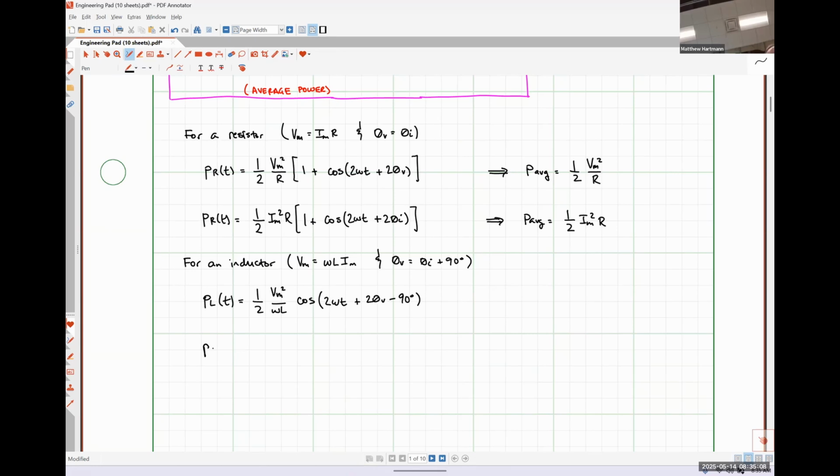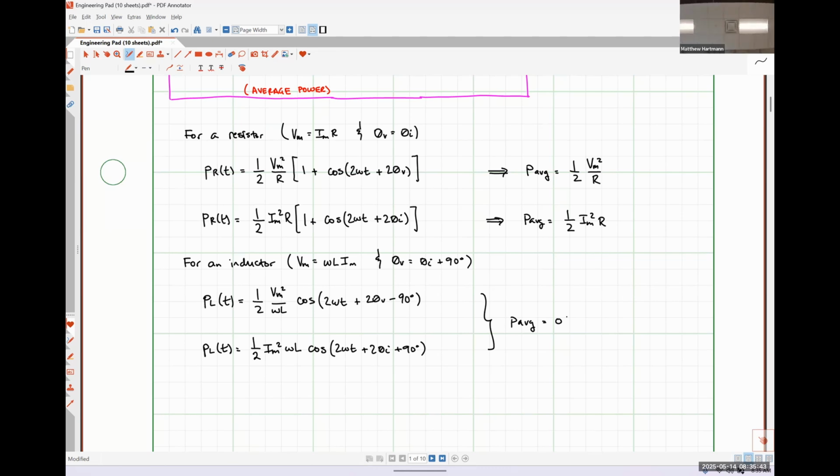In terms of current, this is going to look like 1/2 Im squared times omega L cosine twice omega t plus twice theta I plus 90 degrees. And our average power is 0.